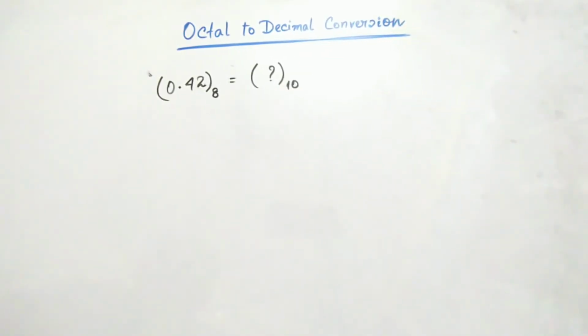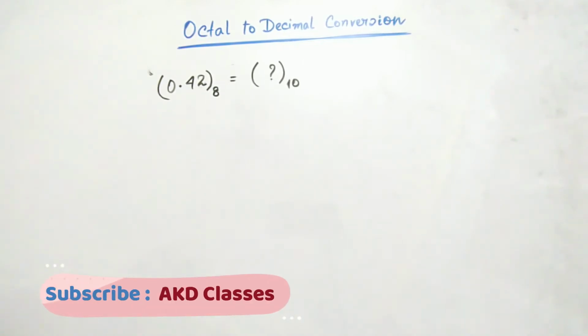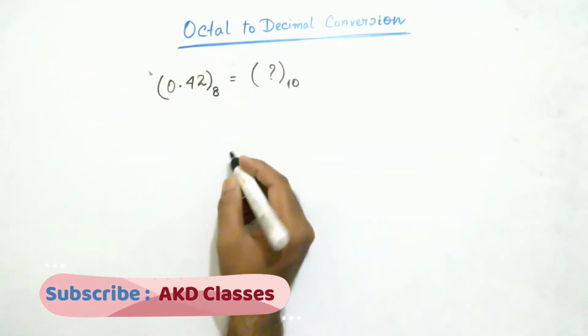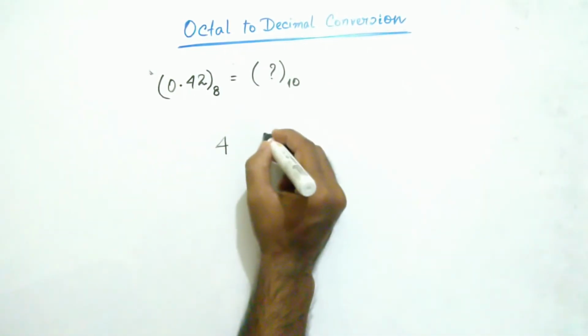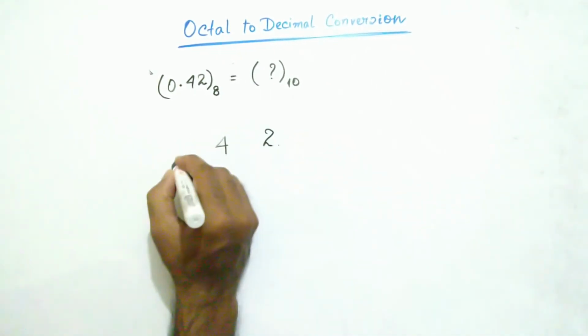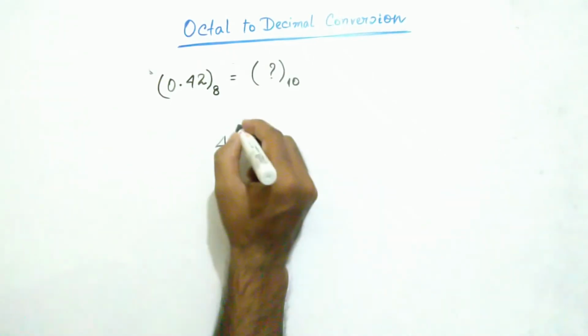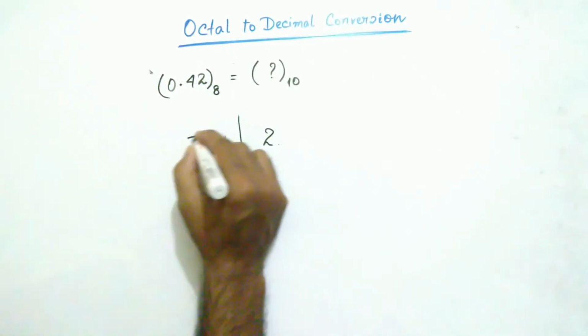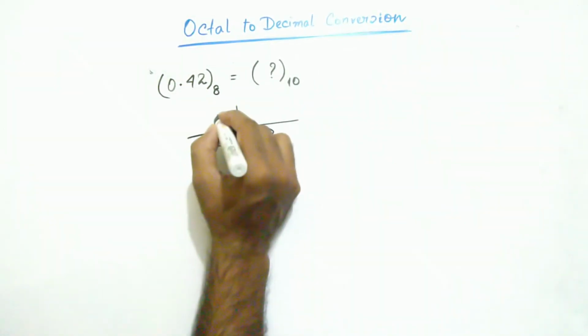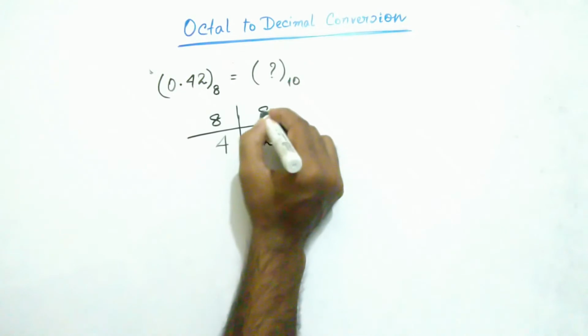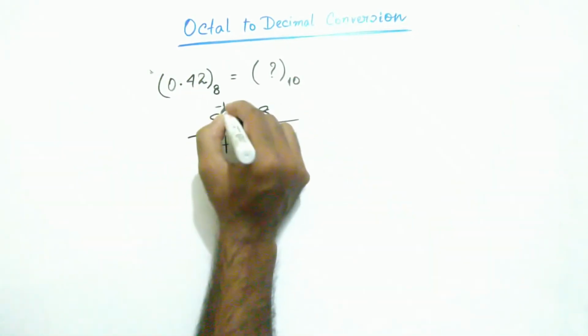Now in this case we are having an octal number, but the number is given with a fractional part. So this number can also be converted into its equivalent decimal format. We will follow the same procedure. We are going to write down the digits after the octal point, which are 4 and 2, and since we are moving to the right hand side of the octal point, the positional weight becomes negative.